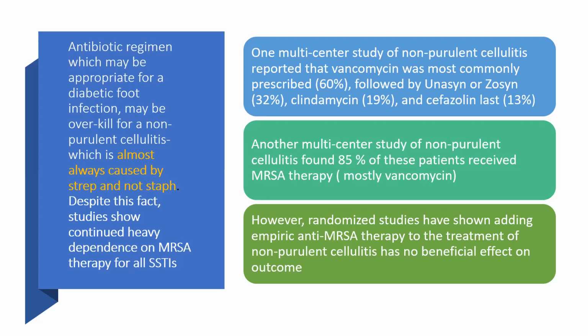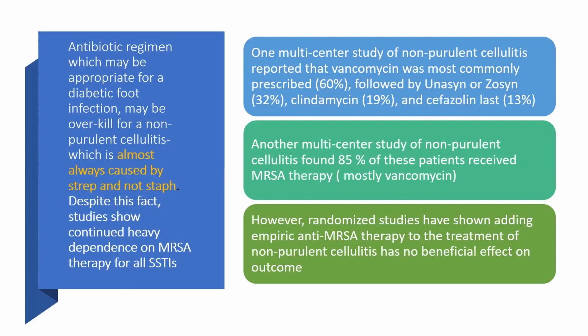There was also a study reported recently where emergency room doctors said, for patients that come in with non-purulent cellulitis, let's see whether we really need empiric treatment for MRSA. Half the patients, since these were outpatients, were given Keflex. Keflex is similar to cefazolin; it covers strep and staph but doesn't cover MRSA. The other half were randomly given Keflex plus Bactrim.